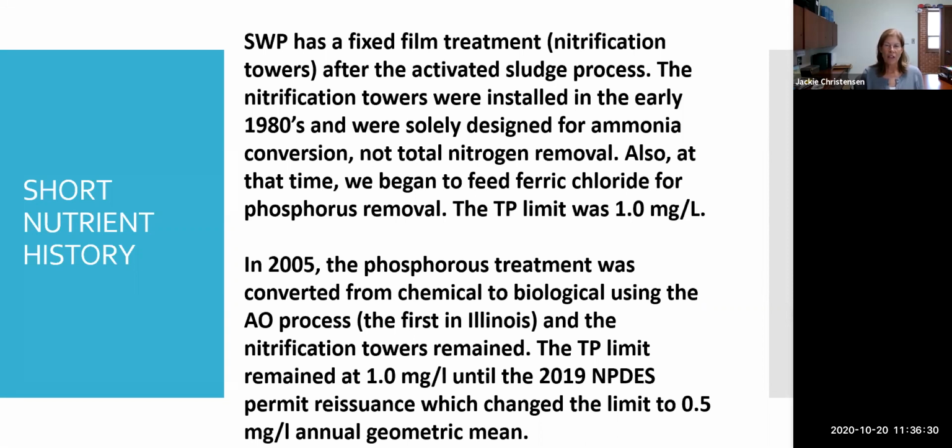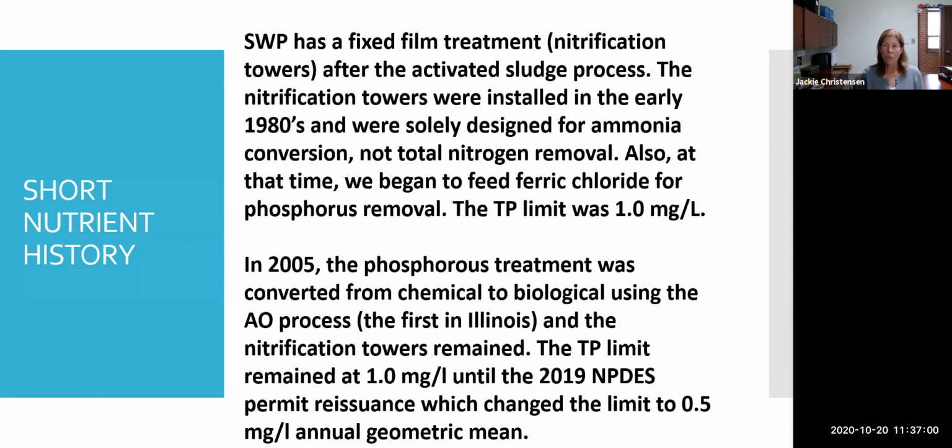So nitrification towers were added after the activated sludge basins. And keep in mind that the nitrification towers, which is a fixed film treatment, is only meant to convert ammonia. It's really not meant for total nitrogen removal. So in the 80s, we also went with chemical feed for total phosphorus control.